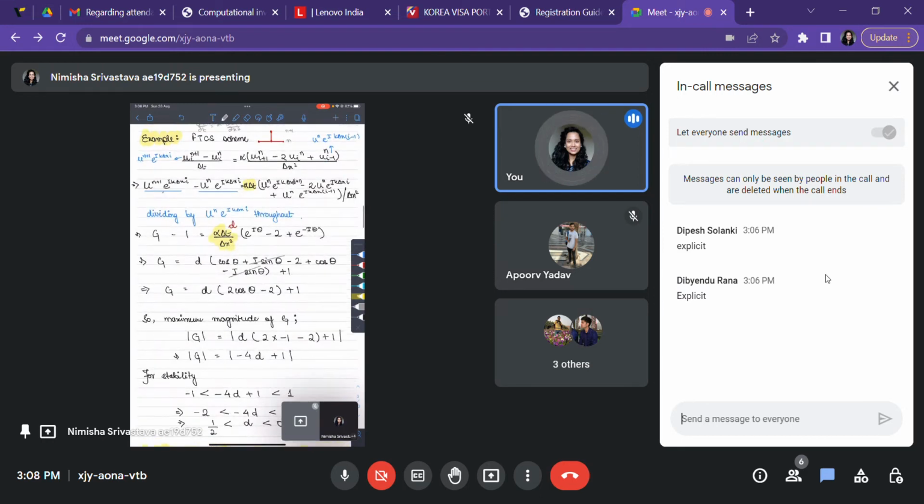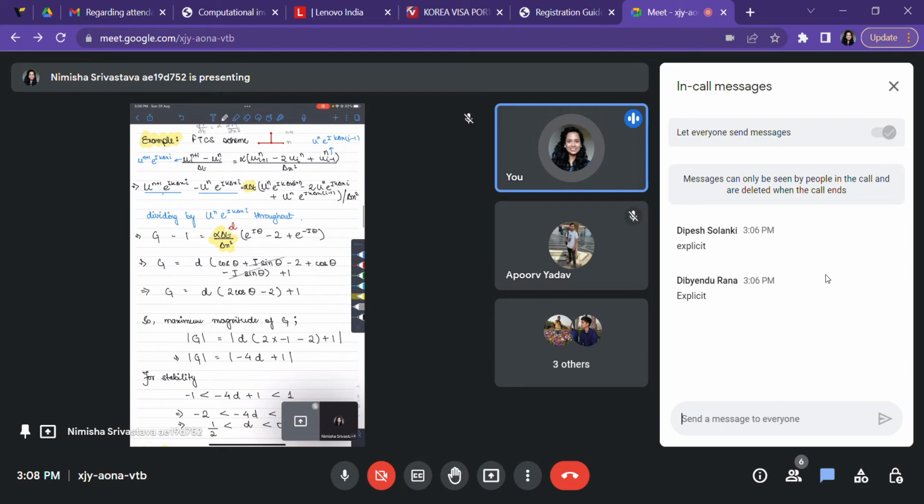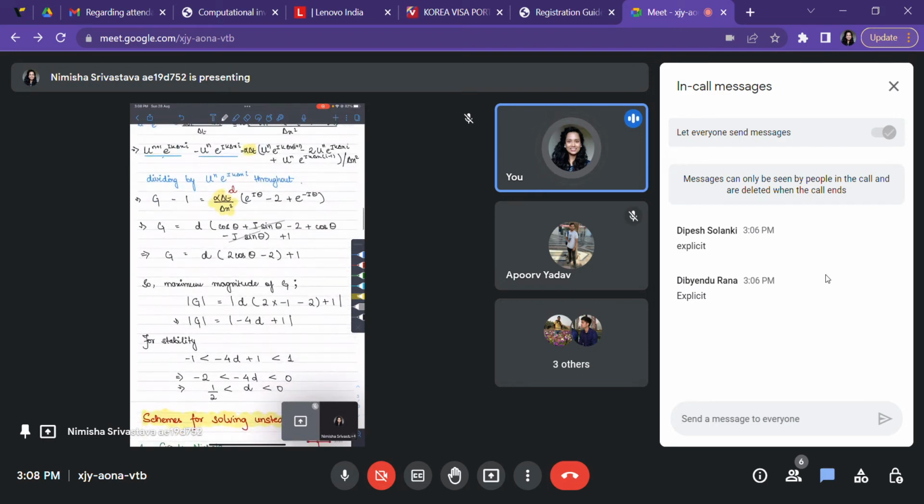So when I do that, I get a long expression over here. And then what I do is that this expression I divide by u^n e^(iota k delta x i). And when I do that, I simplify my expression to get this g over here, and I rename this alpha delta t by delta x squared as some d, the diffusion factor.